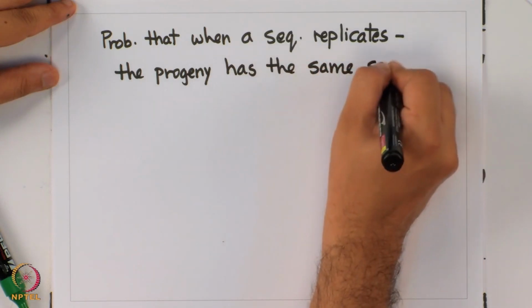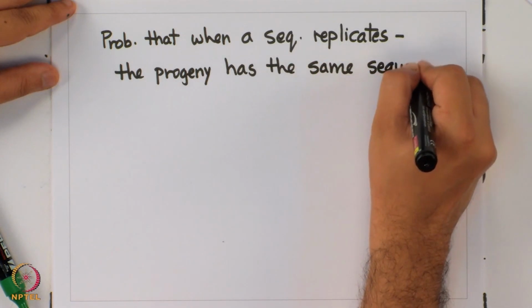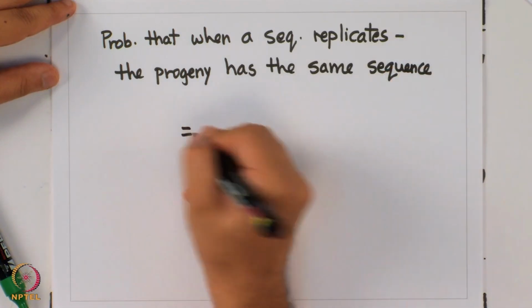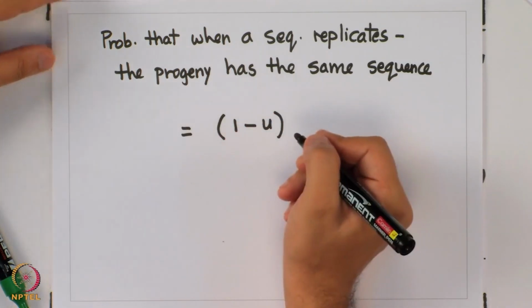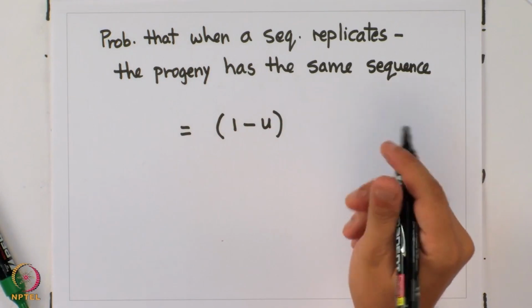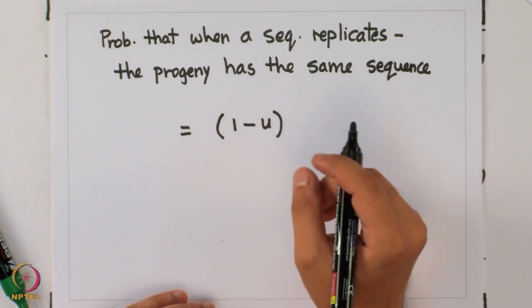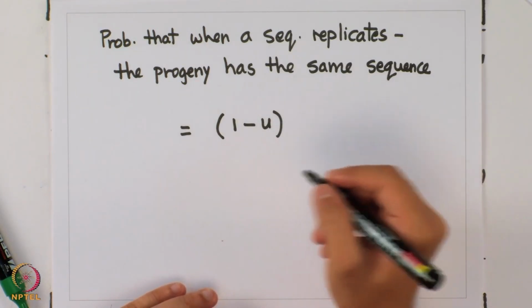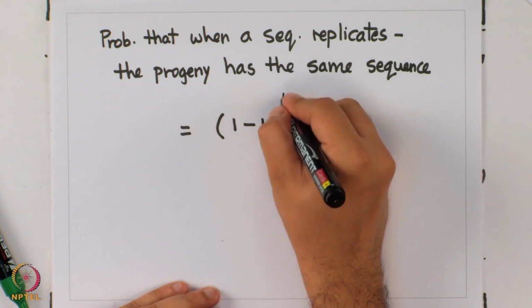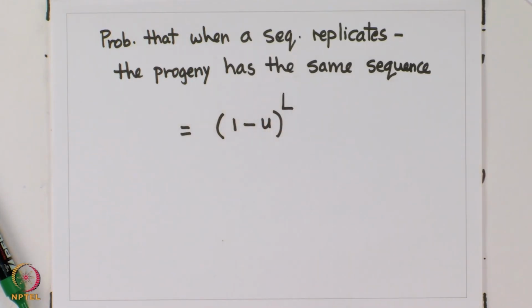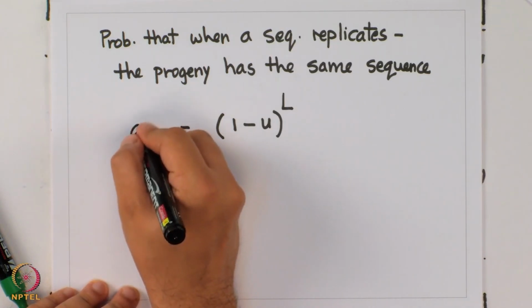That means during the process of replication, no error occurred, and this is equal to 1 minus u, which means that no error happened during replication for a particular base, but that needs to happen for all L bases, which is the length of the DNA sequences that we are talking about. So, the answer for this is (1 minus u) to the power L. That is the probability that replication was identical and mutation did not happen. Let us call this probability Q.